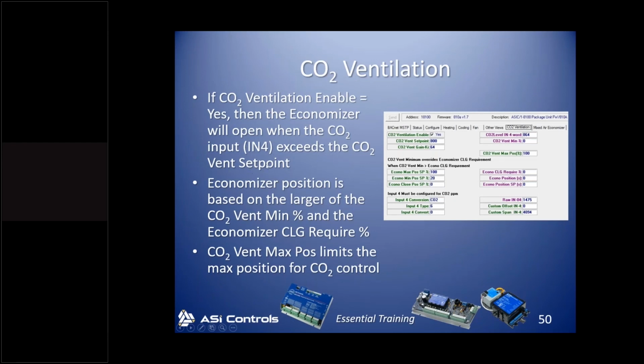Input 4 is the CO2 input. The larger of the CO2 vent. This CO2 vent min position shows the CO2 calculation. The econo cooling required percent shows the final decision, which is the greater again of the temperature control and the CO2 control calculation. And then there's the mention about the CO2 vent position.